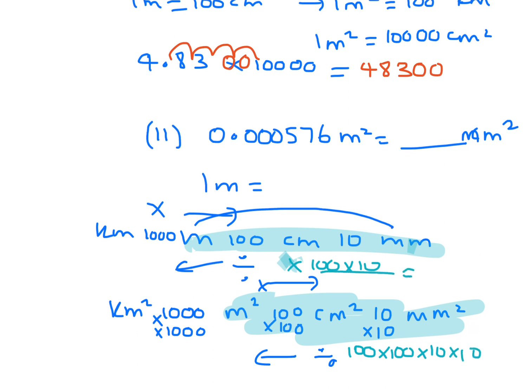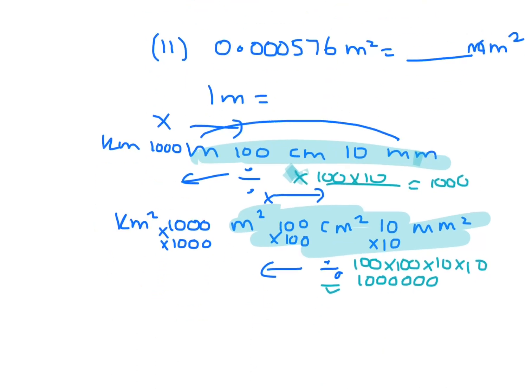So instead of being like 1,000, it ends up having 1, 2, 3, 4, 5, 6 zeros. So that means you have to times by 1 with 6 zeros. So you go 1, 2, 3, 4, 5, 6. So it's actually 576 millimetres squared.